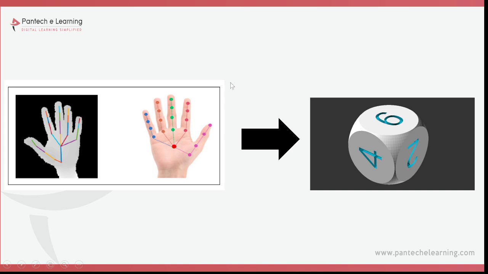Then we have moved on towards integration of OpenCV with Unity 3D, along with completely integrating hand gestures. How that hand gesture works is that based on our hand movement, we will be able to vary the object size.